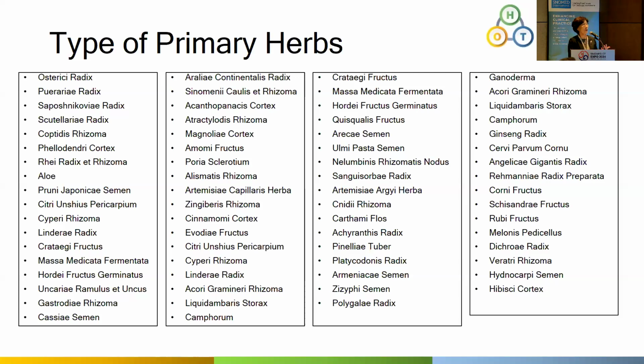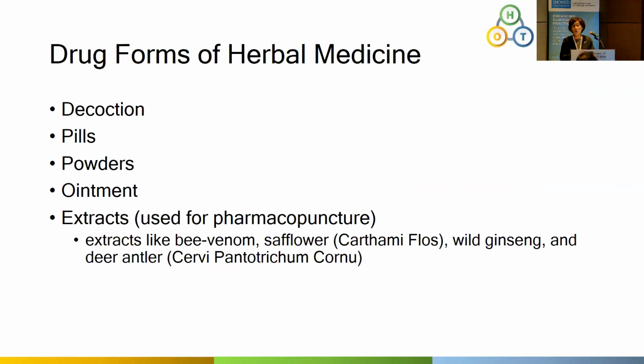So here I have the list of herbs. I call it primary herbs. See how much study I did? Yes. So those terms, of course, can be added to the organism hierarchy.